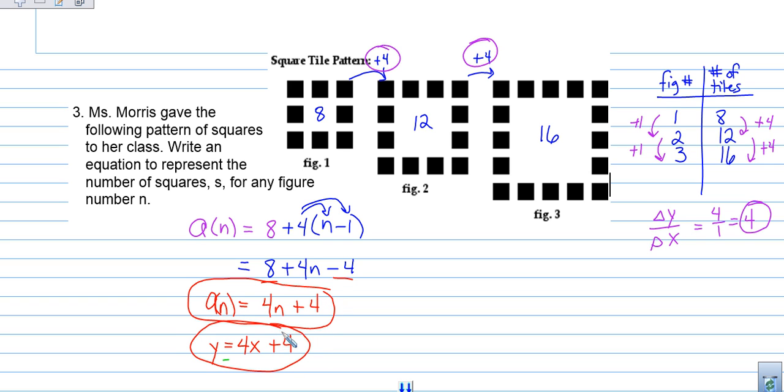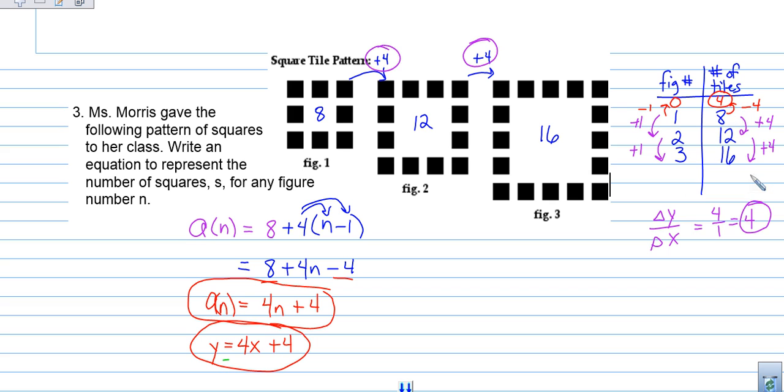Okay? For this particular one, if you like to do the table better, you get your slope of 4. And we need the y-intercept, which is where 0 is. Which means we'd go back 1. Or I guess technically it would be 4. So we go back 4. 8 minus 4 is 4.